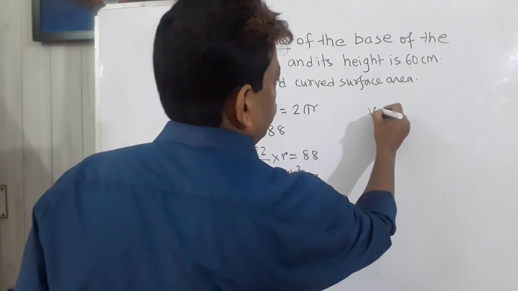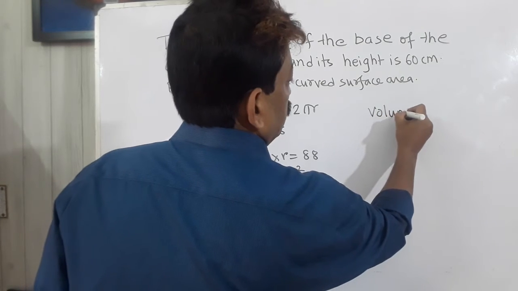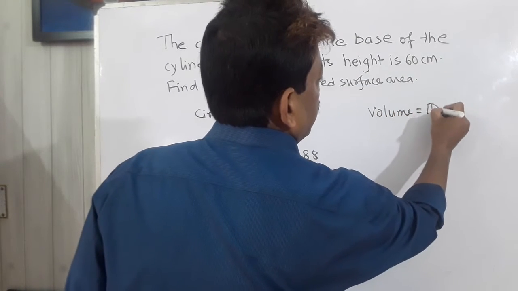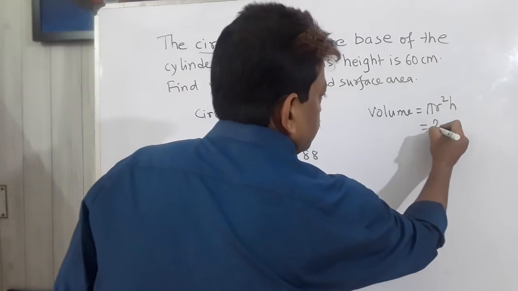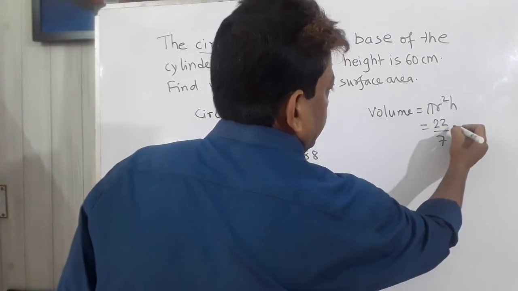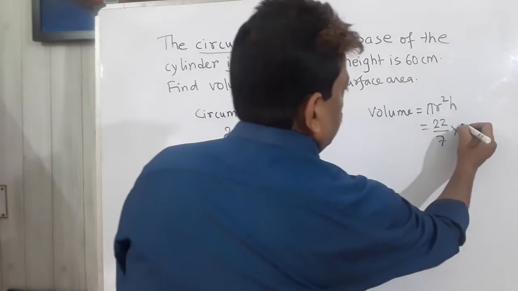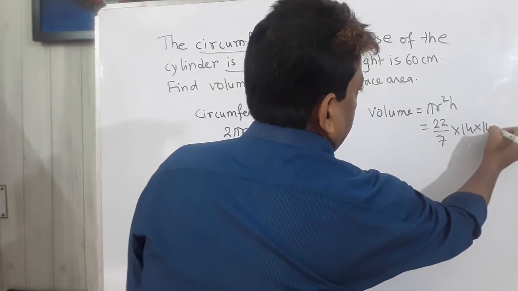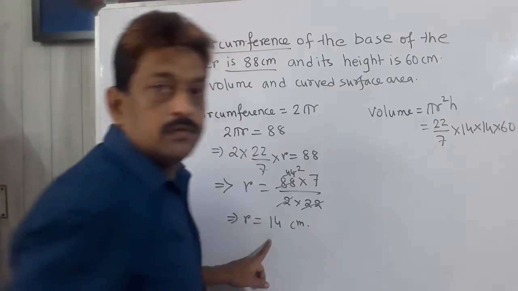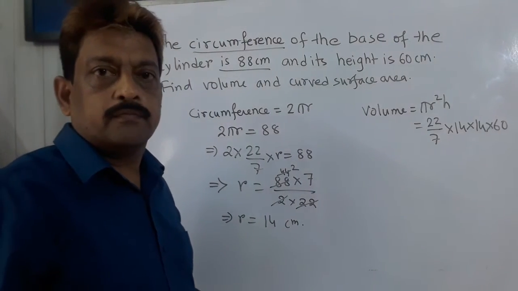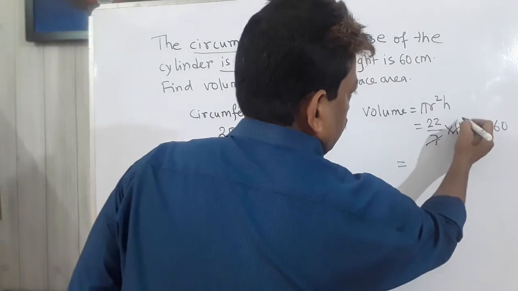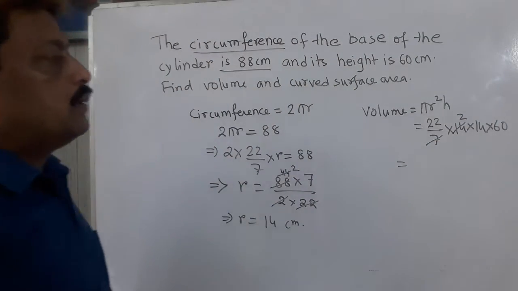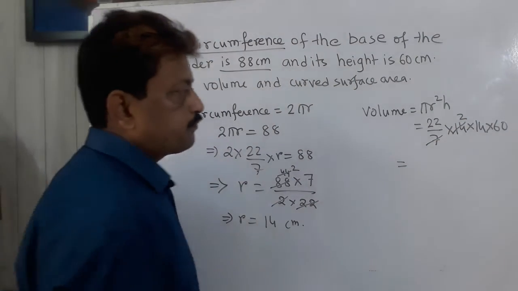Therefore, what is the volume? The volume is pi r square h. So put the value of pi, then radius is 14 multiplied by 14 and height is 60. So it is equal to 14 divided by 7 is 2.